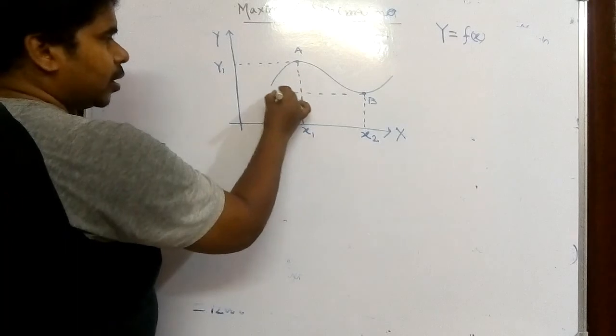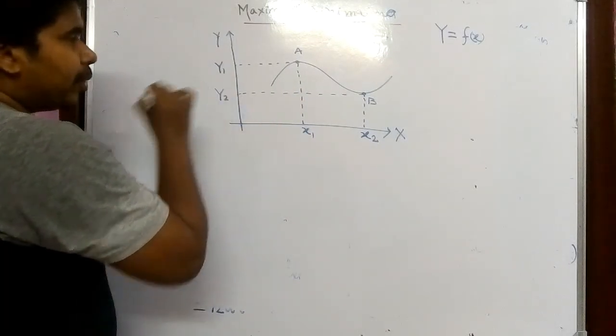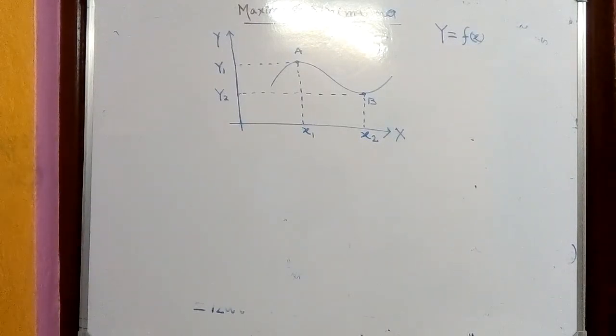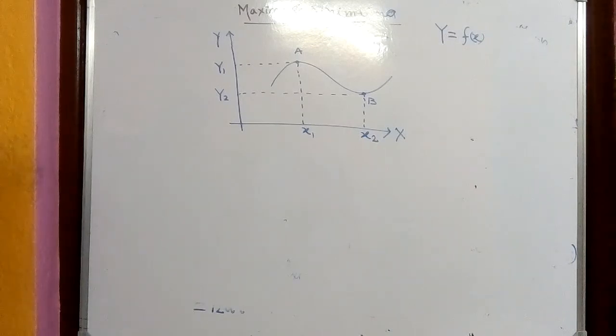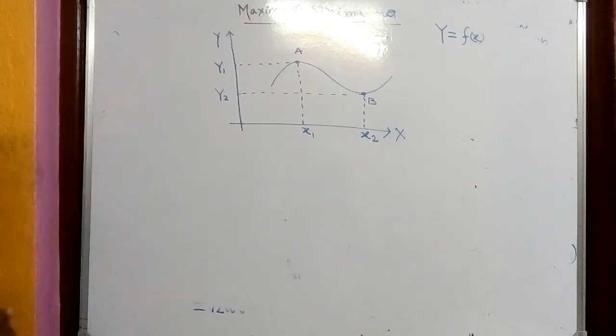Here the point is minimum and we get a minimum value of y. So in one function we get one maximum value and one minimum value. If a function is given to us, how do we understand which one will be maximum and which one will be minimum?